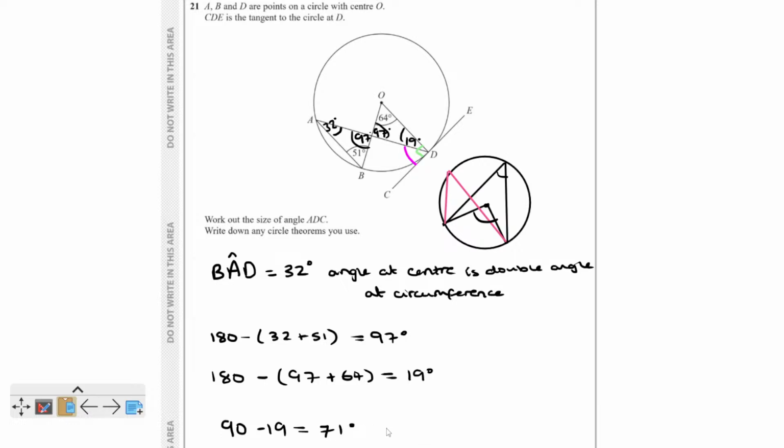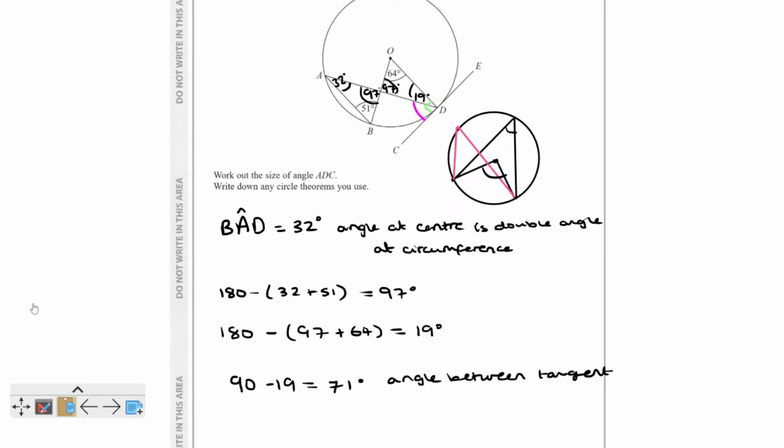And I'd write down angle between tangent and radius is 90. Now that's one way of doing it, so the answer is 71.